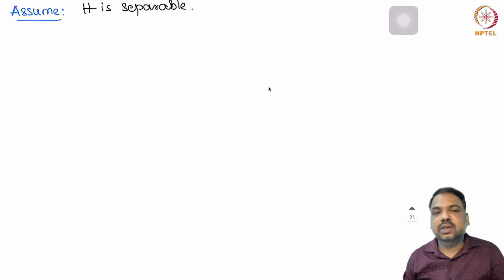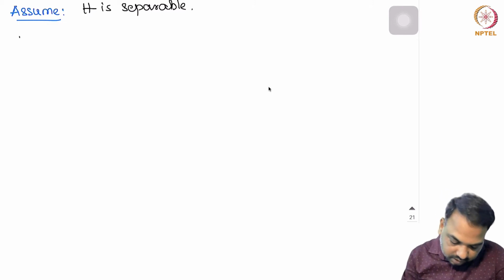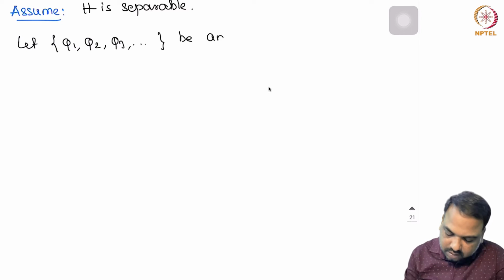We know that every Hilbert space has an orthonormal basis. When H is separable, it has a countable orthonormal basis. Otherwise, it can have an uncountable orthonormal basis. So let us take phi 1, phi 2, phi 3, and so on, to be an orthonormal set in H.